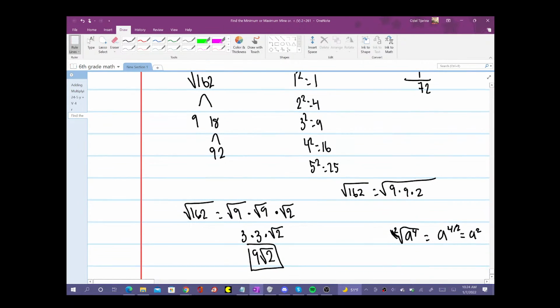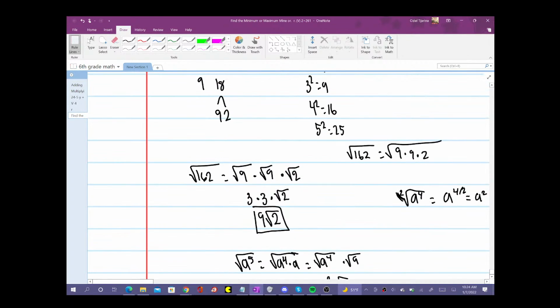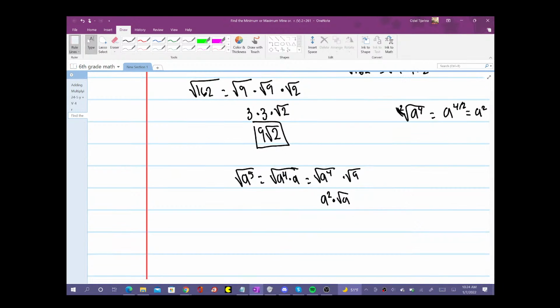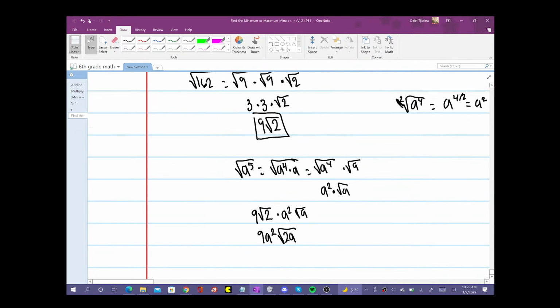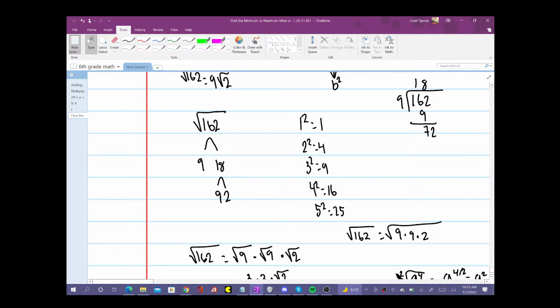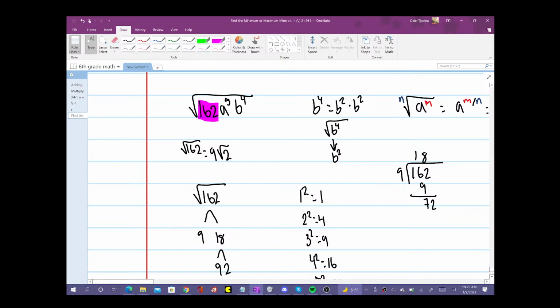So this becomes 9 square root 2 times a squared square root of a. This becomes 9a squared square root of 2a. I believe that's what it is. And then b squared, because we said the square root of b to the 4th is b squared, right?